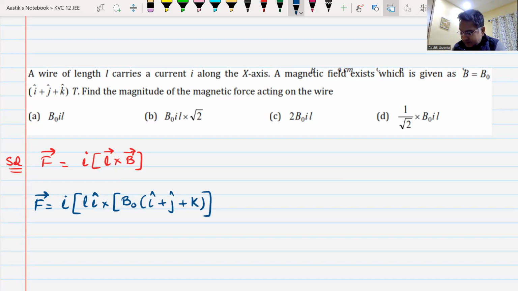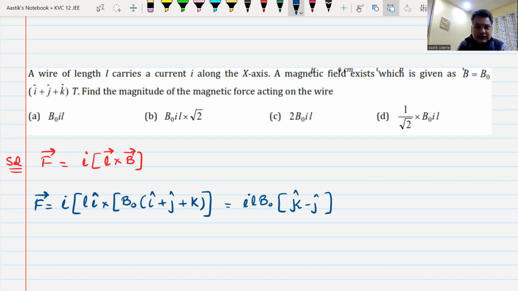Do we understand this, everyone? Yes, sir. You just have to take the cross product. i cross i is 0, i cross j is k, and i cross k is minus j. So what you will have after this is I L B naught into, sorry, k minus j. Yes or no? Yes, sir.